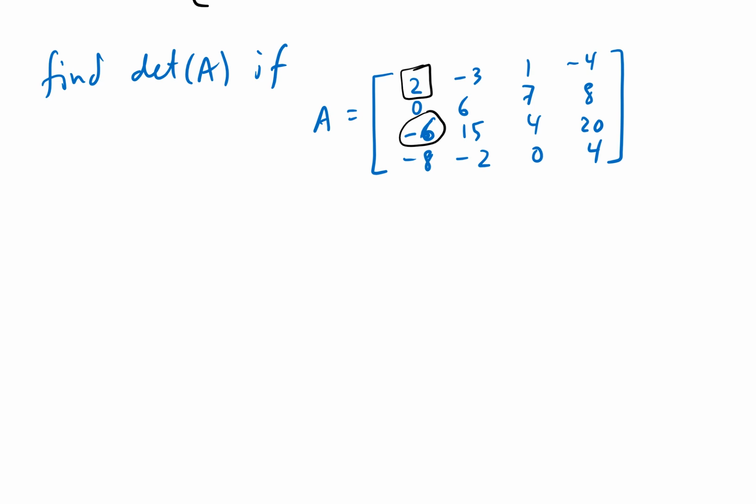Clean up means make it 0. So to do that, you take row 1 multiplied by 3 and add it to row 3.